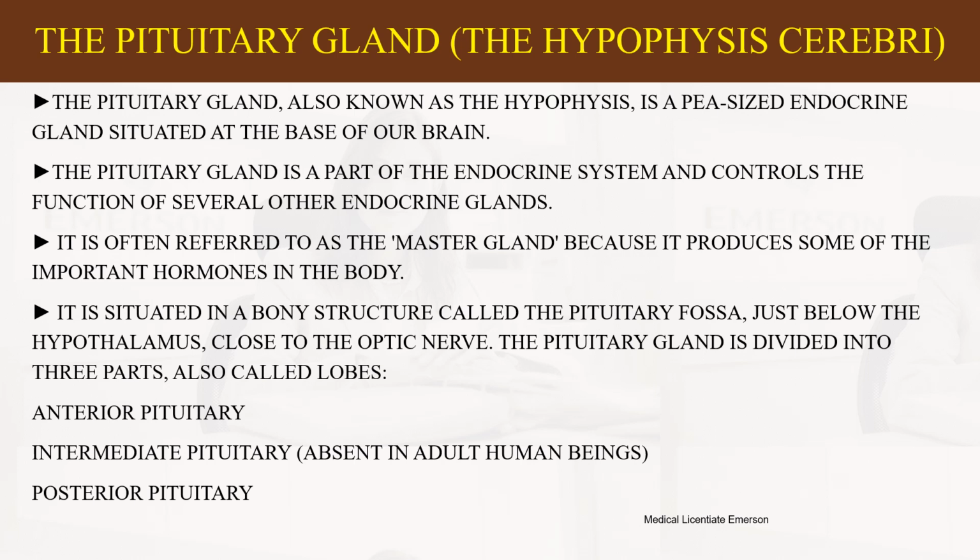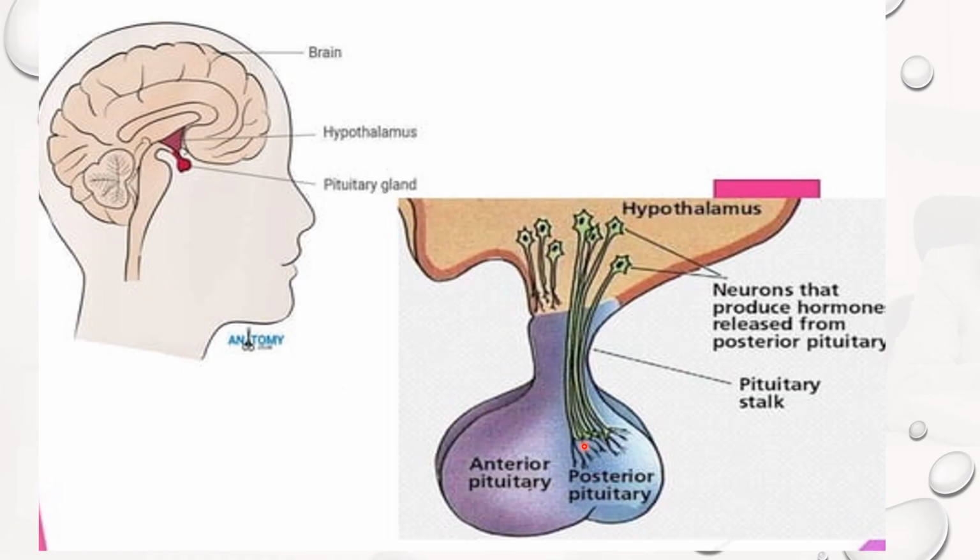Okay, so those are the lobes of the pituitary gland, or the hypophysis. So this is the pituitary gland. You have the anterior lobe and the posterior pituitary lobe. Then on top of it, that's where you have the hypothalamus.